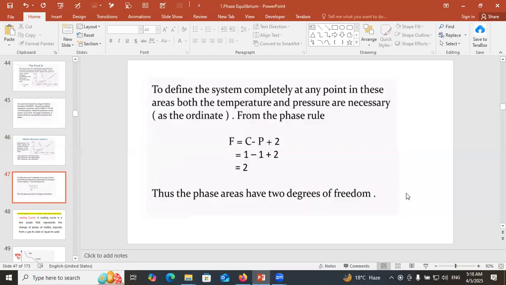To define the system completely at any point in these areas, both the temperature and pressure are necessary. From the phase rule, F equals C minus P plus 2: one component, one phase, so F equals 2. Thus, phase areas have 2 degrees of freedom.